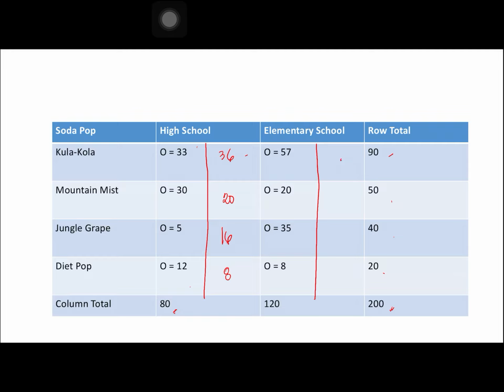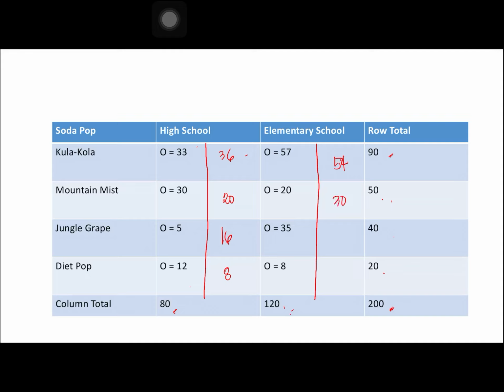For this one, we have 120 times 90 divided by 200, we have there 54. Then 120 times 50 divided by 200, we have there 30. Okay?